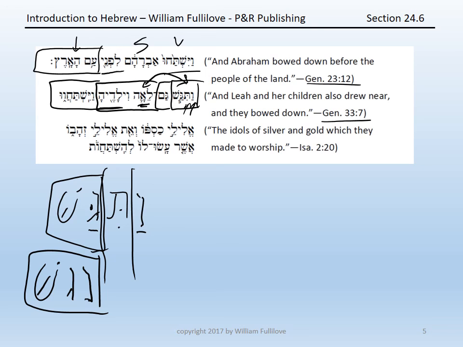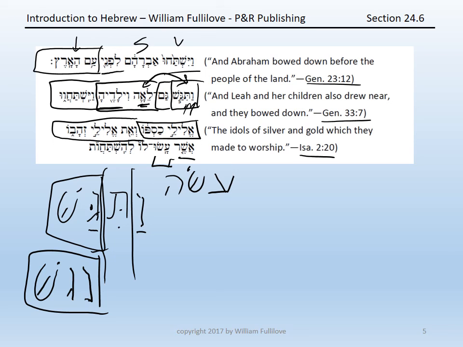Then finally, Isaiah 2:20, Elilei kaspo va'et elilei zahavo asher asu lo lehishtahavot. So you have construct phrases, idols of his silver and idols of his gold. Asher, the relative pronoun, which. Asu, kal perfect, third masculine plural of a third he verb, asa, he made.